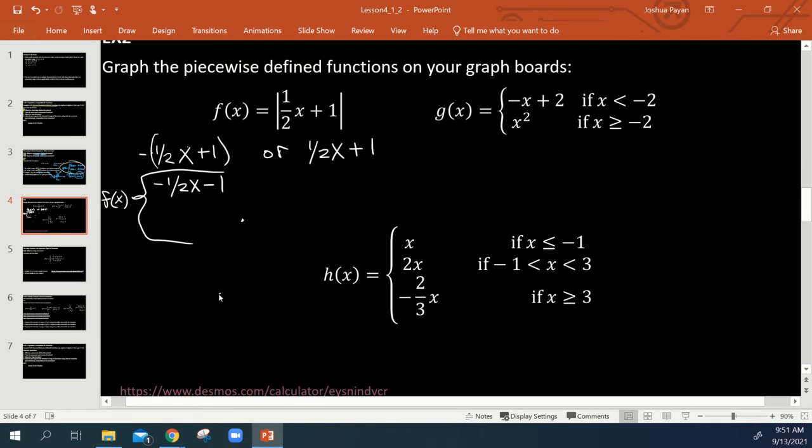So we're going to say it behaves this way for x less than or equal to, well, we'll just say less than -2. It behaves positively, positive 1/2 for the slope, plus 1 for the y-intercept when x is greater than or equal to 2. So that would be how I define it in piecewise.